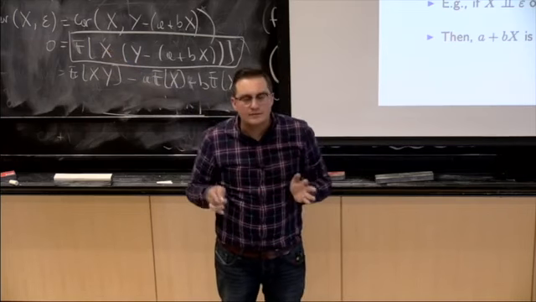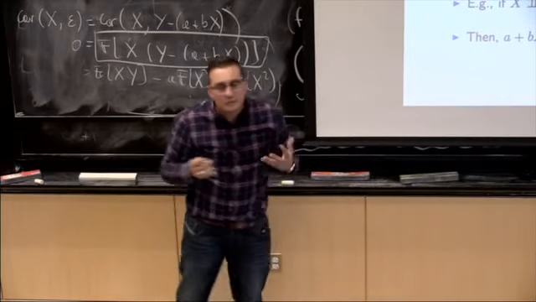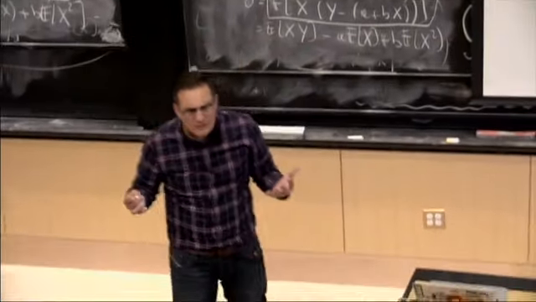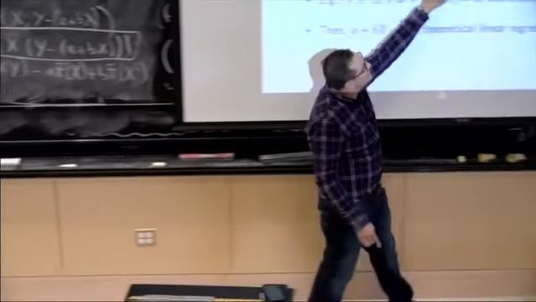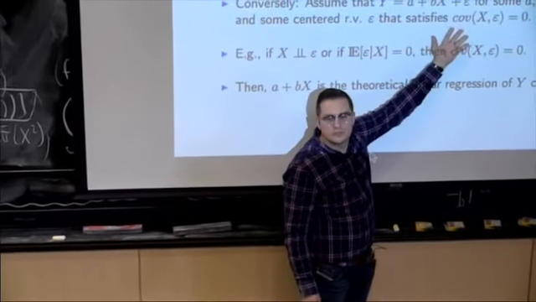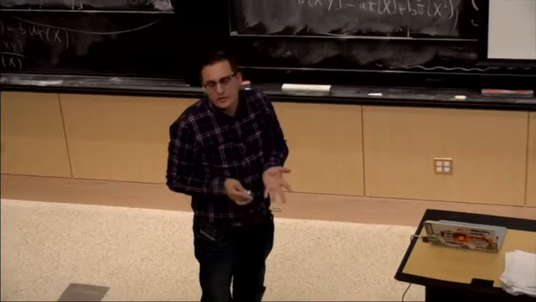When you asked, why don't we take the square, for example, or the power 4 or something like this, here I'm saying, if y is equal to a plus bx plus epsilon, I don't need to put too many assumptions on epsilon. If epsilon satisfies those two things, expectation equal to 0 and covariance with x equal to 0, then the right a and b that I'm looking for are the ones that come with the square, not with power 4 or power 25. Those are pretty weak assumptions.